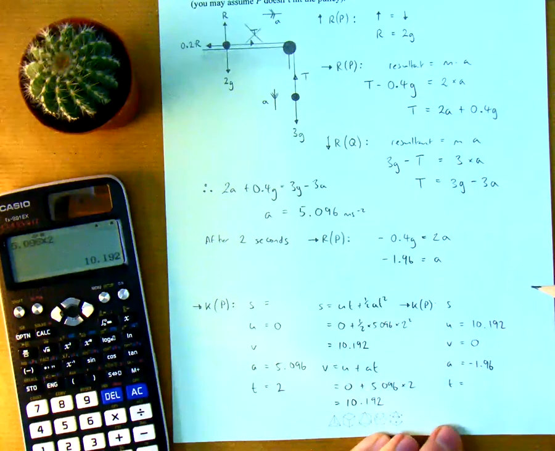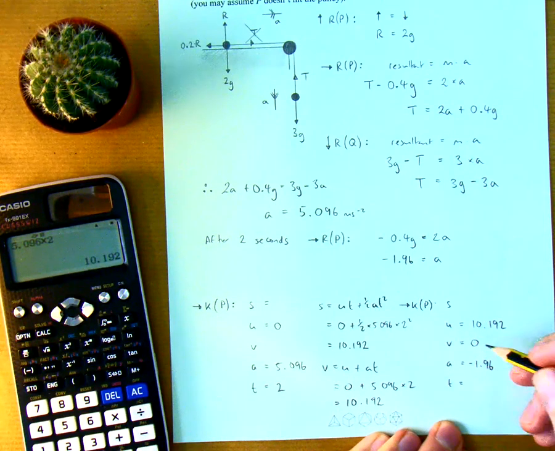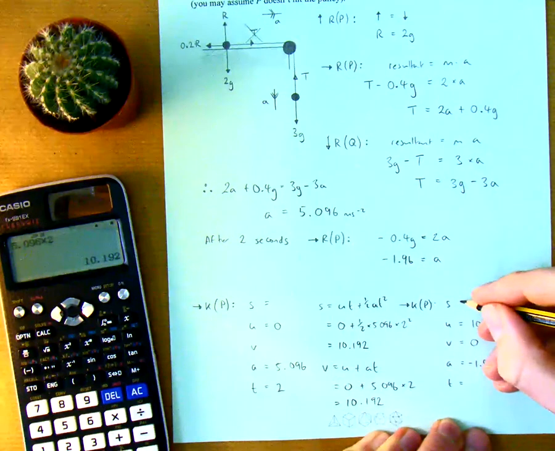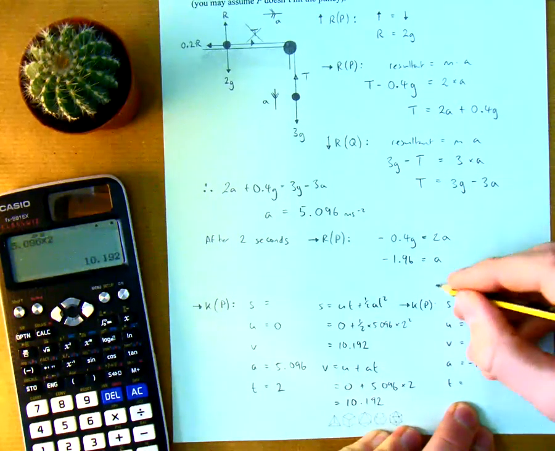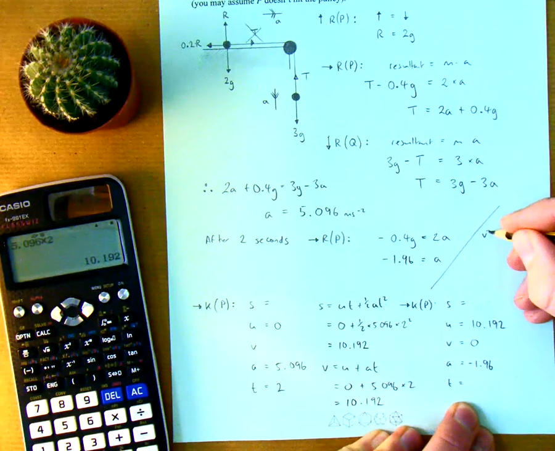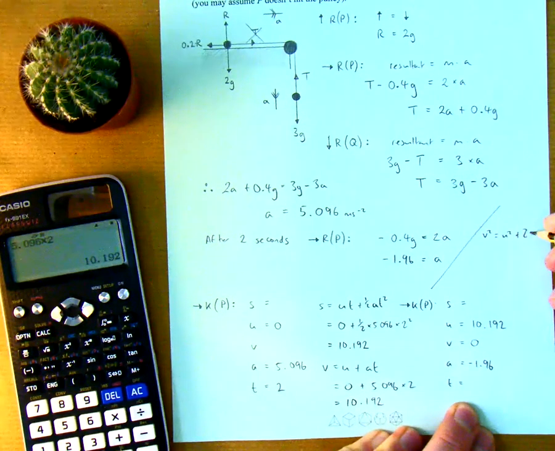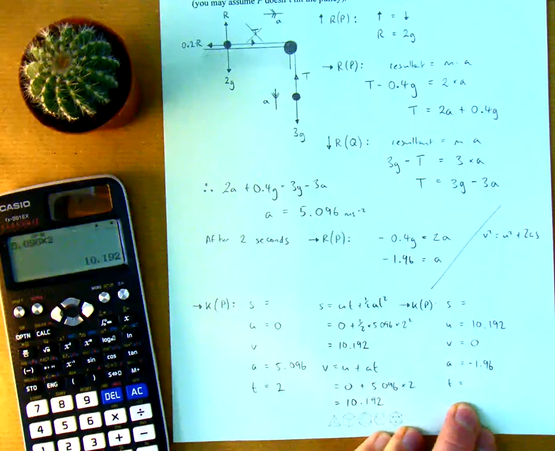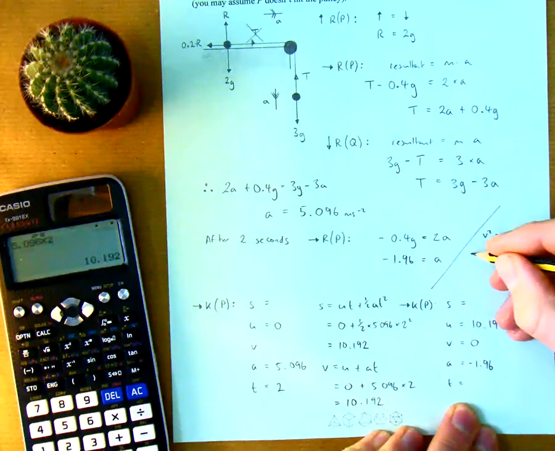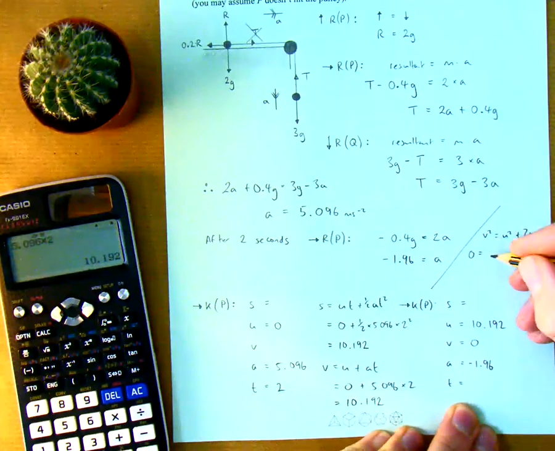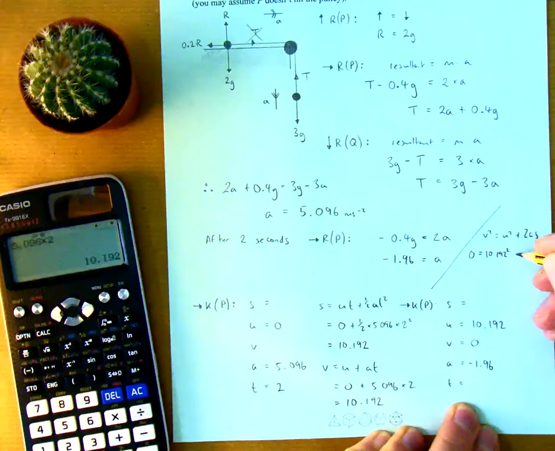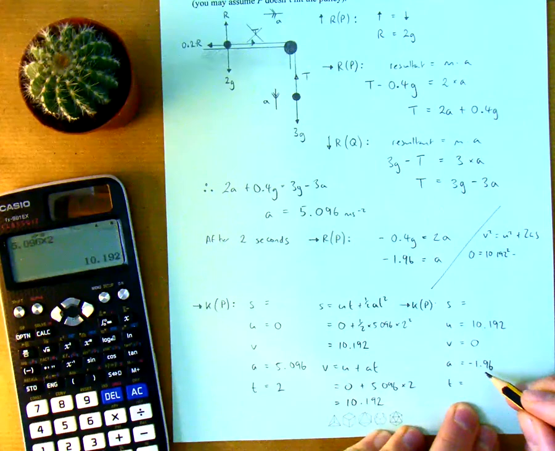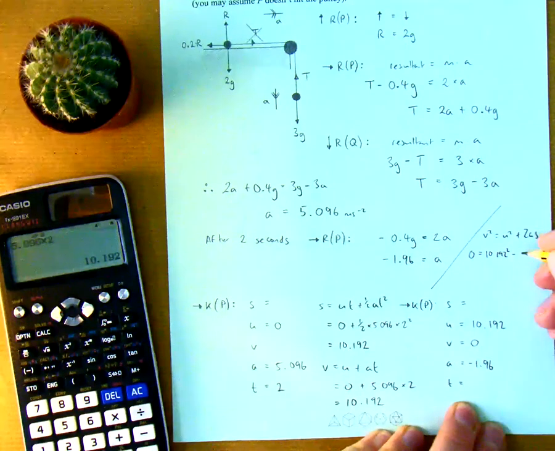Then again, I'm running out of space, but I can use v squared equals u squared plus 2as in this part to work out this. So let's do that up here. V squared equals u squared plus 2as. V is 0, u squared is 10.192 squared, take away 2 times 1.96, which is 3.92 s.